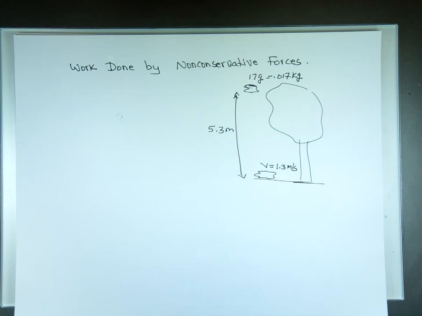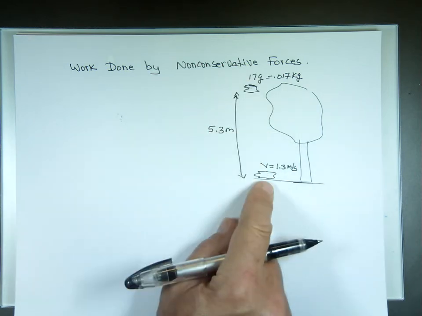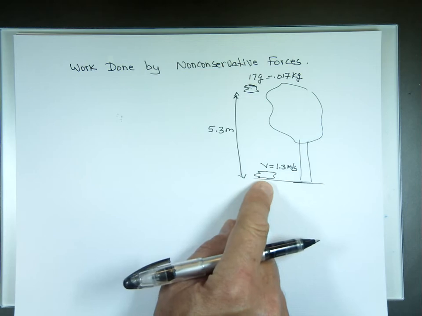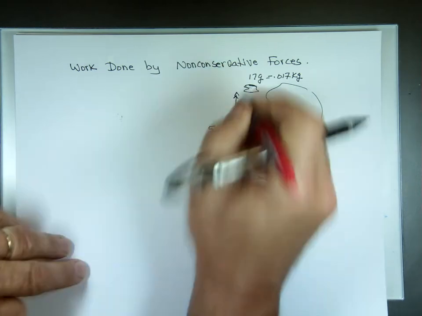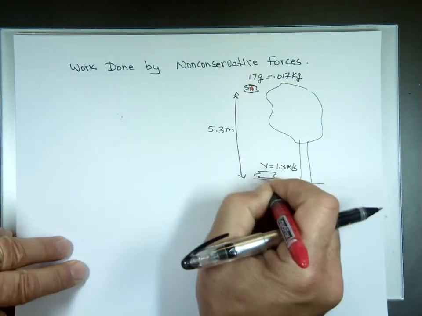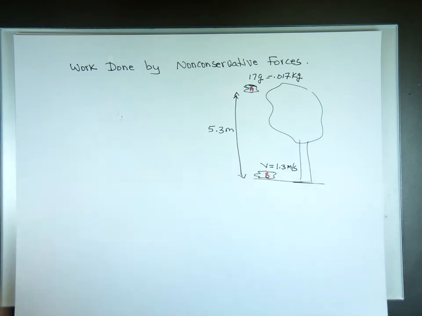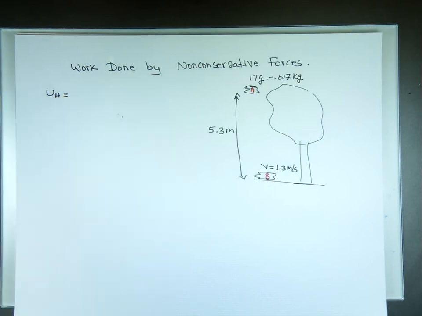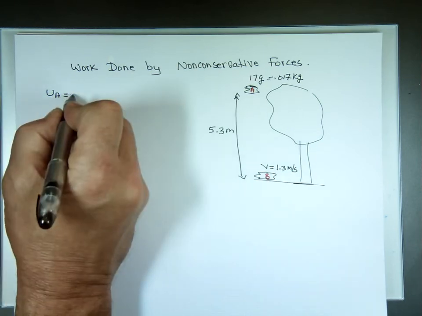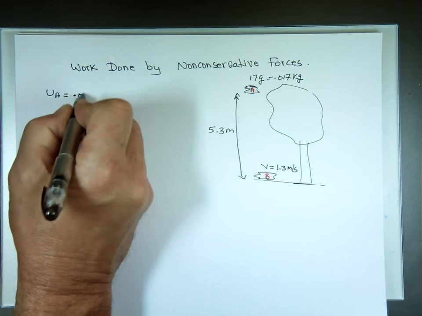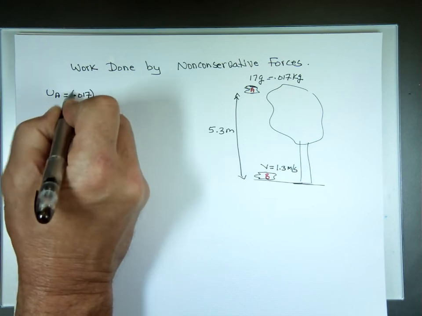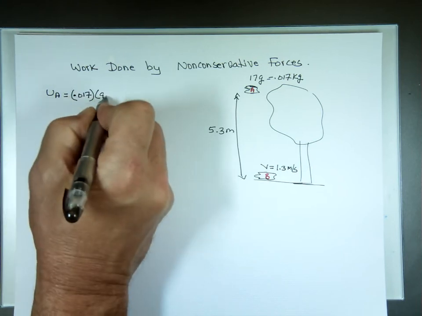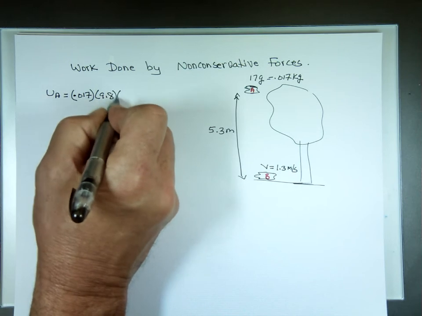Now, if we look at the potential and the kinetic energy up there, and the potential and the kinetic down here, they will not equal each other. Let's see what they are. Let's call this A, call this B. What is the potential energy at A? It's the mass, which is 0.017, times gravity, 9.8, times the height, mgh.